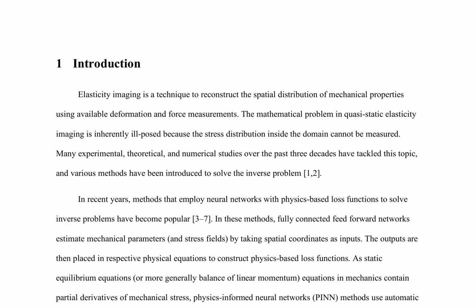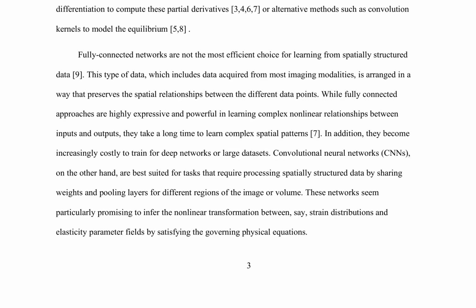Physics-informed neural networks, PINN, methods employ fully connected feed-forward networks to estimate mechanical parameters and stress fields by taking spatial coordinates as inputs. The outputs are then used to construct physics-based loss functions, which involve partial derivatives of mechanical stress computed using automatic differentiation or alternative methods.